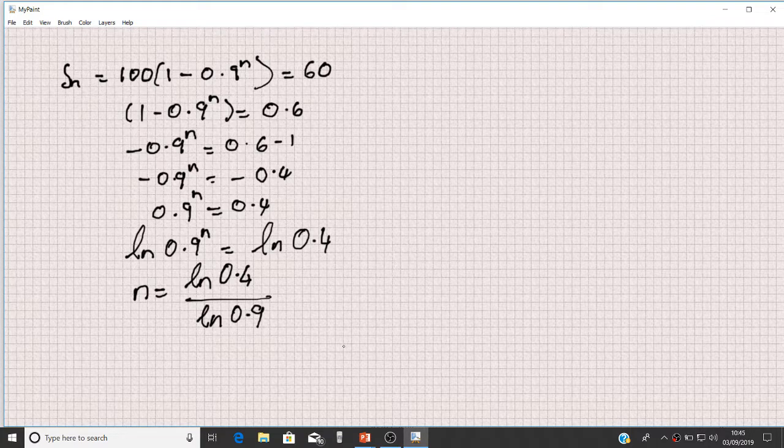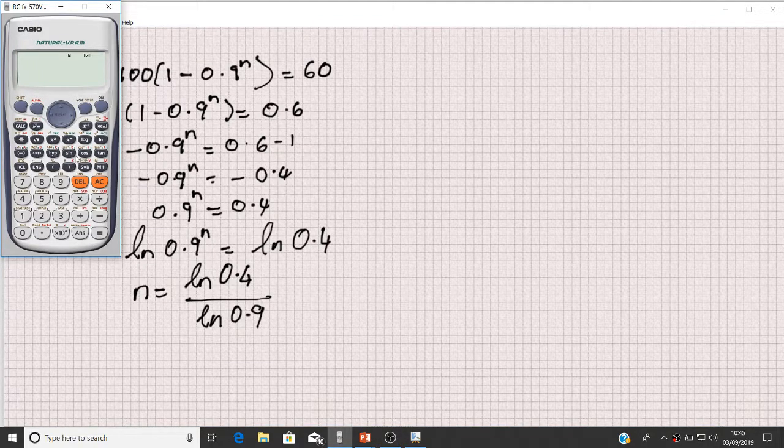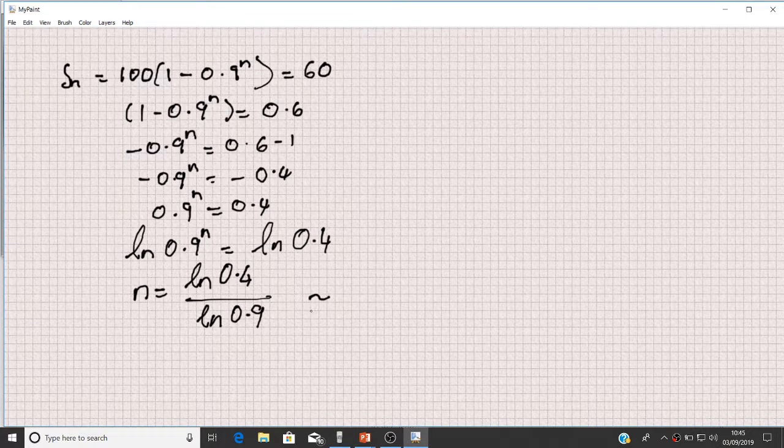And I'll pull up the calculator for this calculation. So we're looking at ln 0.4, close the bracket, divided by ln 0.9, close bracket. We get 8.69, which approximately equals 8.7. So we can say 8 metres are complete after 60 minutes.